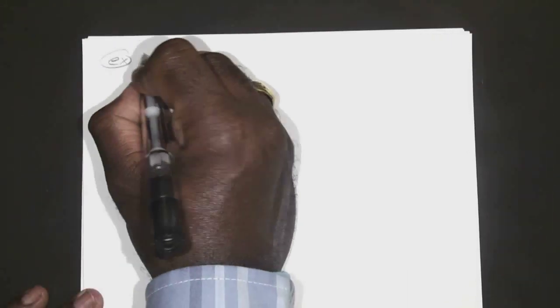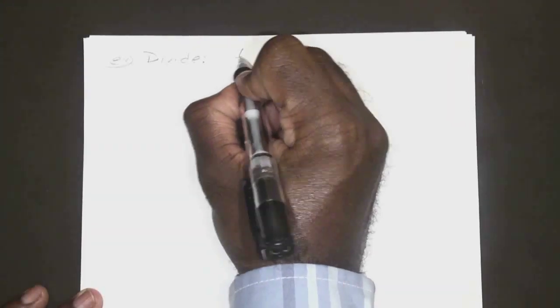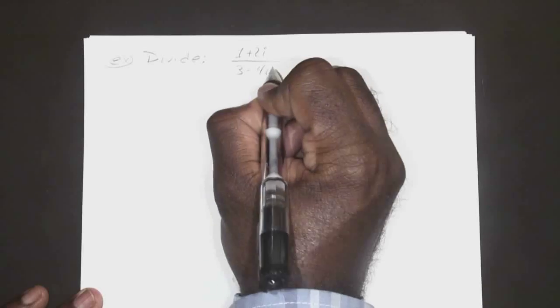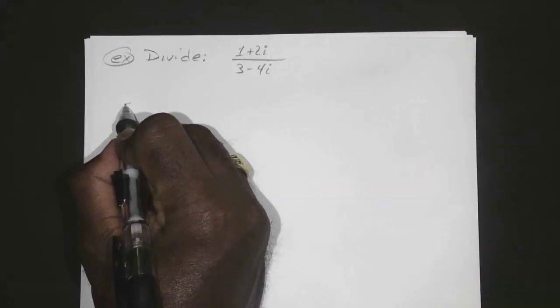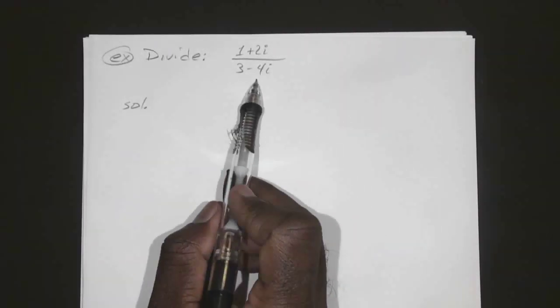So let's say we wanted to divide 1 plus 2i over 3 minus 4i. Just like before, we find the complex conjugate of the denominator.